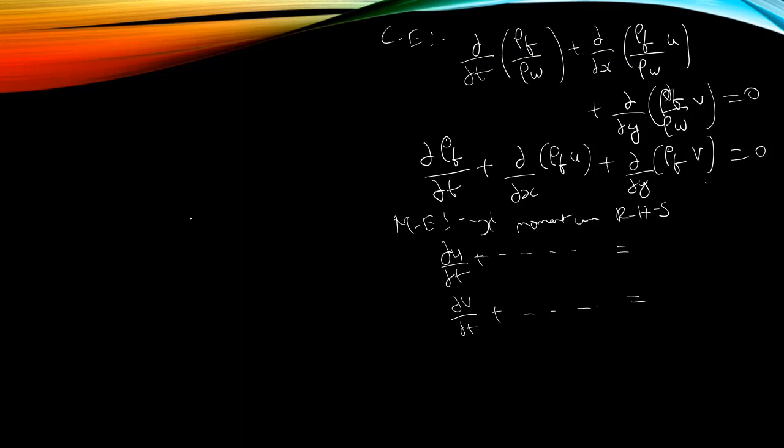After substituting the value of h square, it becomes minus 1 by rho f ∂Pf/∂x, and here also minus 1 by rho f ∂Pf/∂y. So this is how the x momentum and y momentum right hand sides will be changed, right? And then we know the gas equation.